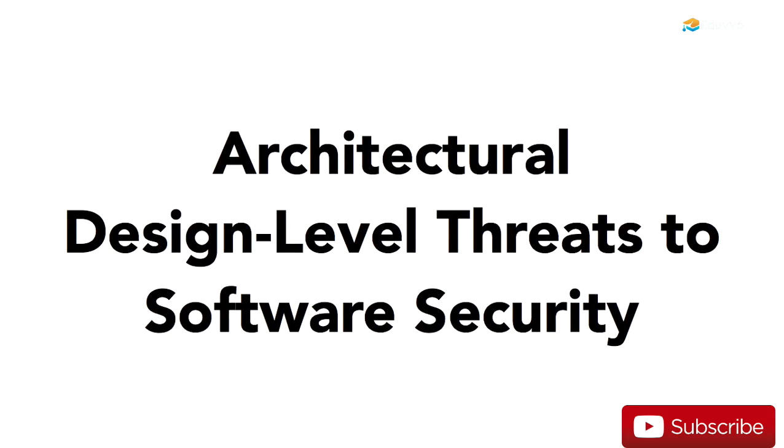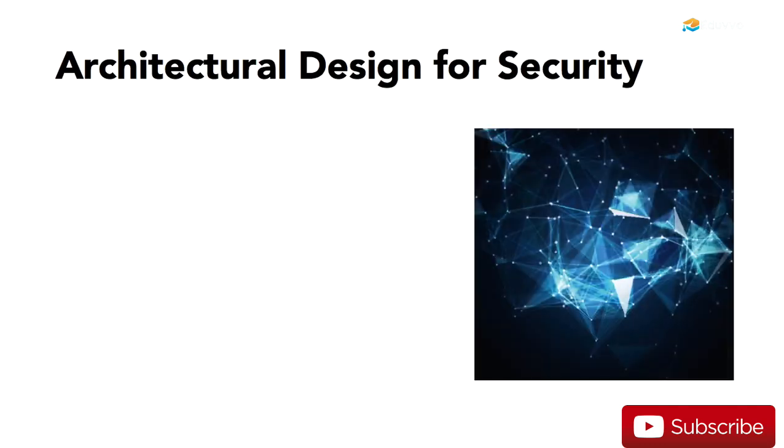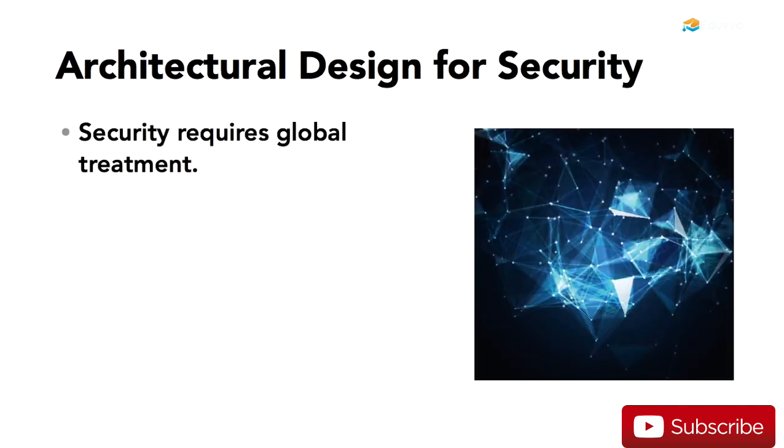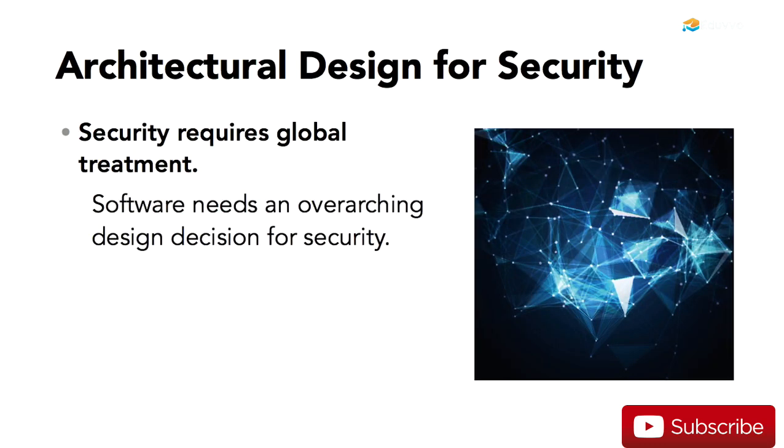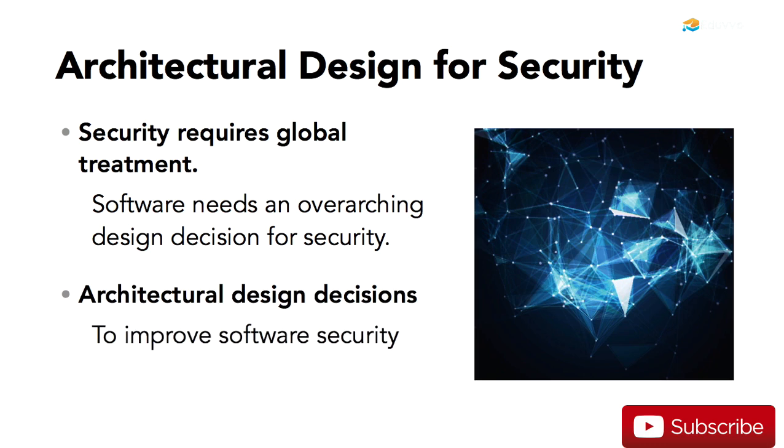Any security hole, even if there is only one, can lead to the security breach of the entire software. Because security is a problem requiring global treatment, software needs an overarching design decision to address security problems. These overarching design decisions are called architectural design decisions. Therefore, we need architectural design decisions to improve software security.